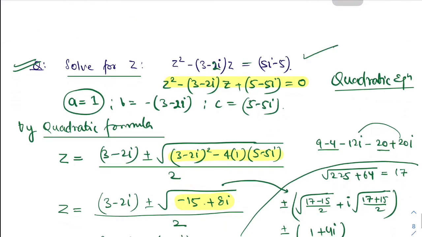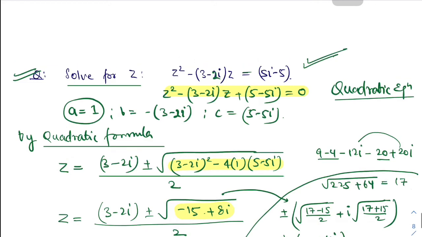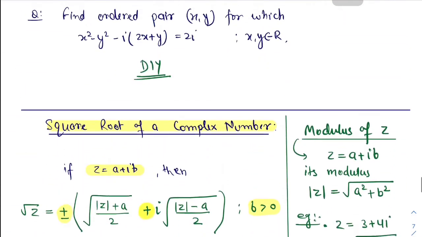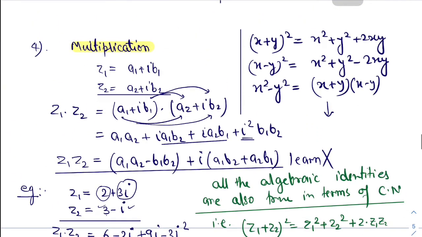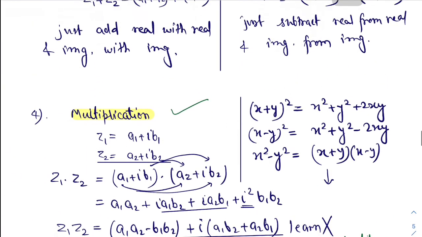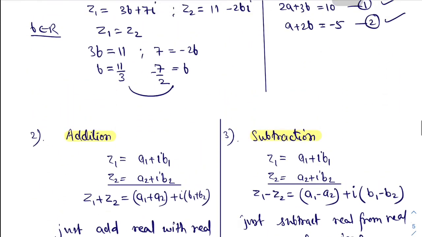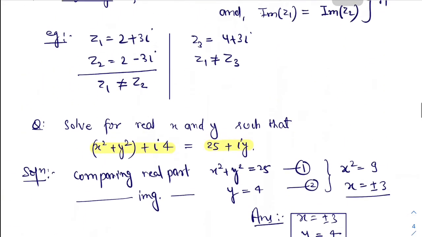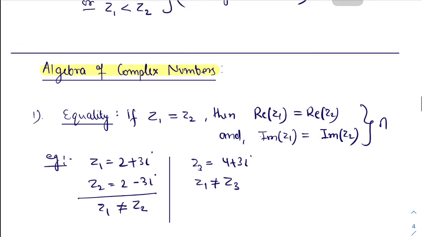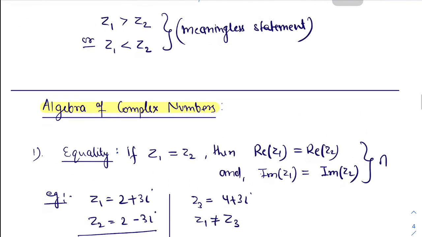We have also seen that we can easily apply quadratic formula in these kind of questions also, and we have studied how to divide a complex number with another non-zero complex number, how to multiply two or more complex numbers, how to add them, how to subtract them, and what are the conditions in which any two complex numbers are equal to one another, and there is nothing like one complex number is greater than or less than some other complex number. So that's all for this lecture. Thank you.